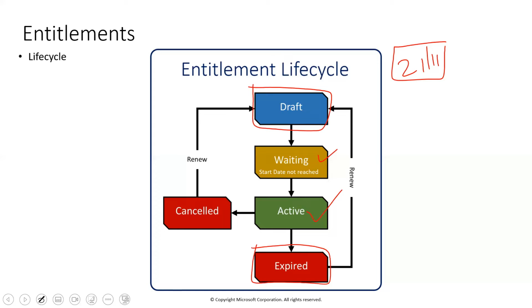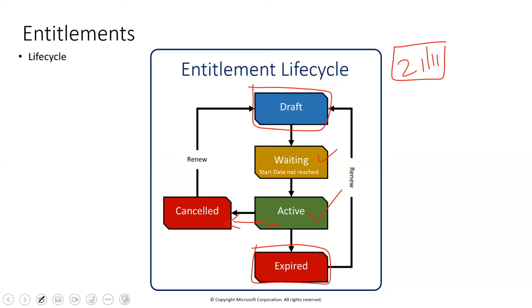If, within that time limit, the customer hasn't completed his time limit and also hasn't completed all the cases they can create, they didn't utilize everything, but I still need to cancel that entitlement and want to associate another one. In that scenario, whenever we cancel it, the status of that entitlement is going to be cancelled.